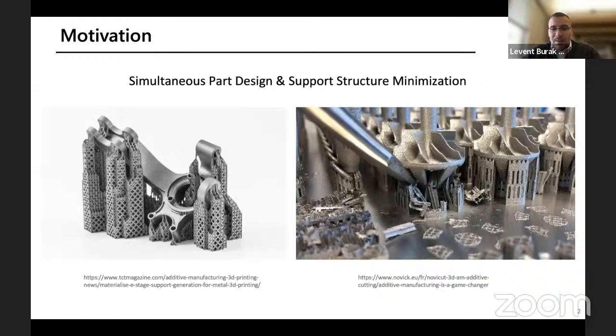But these can be very time-consuming to print. They use expensive powders, and eventually they will have to be removed, as shown on the right-hand side. So there is a tremendous incentive to minimize the amount of support structures used as we're printing these structures.